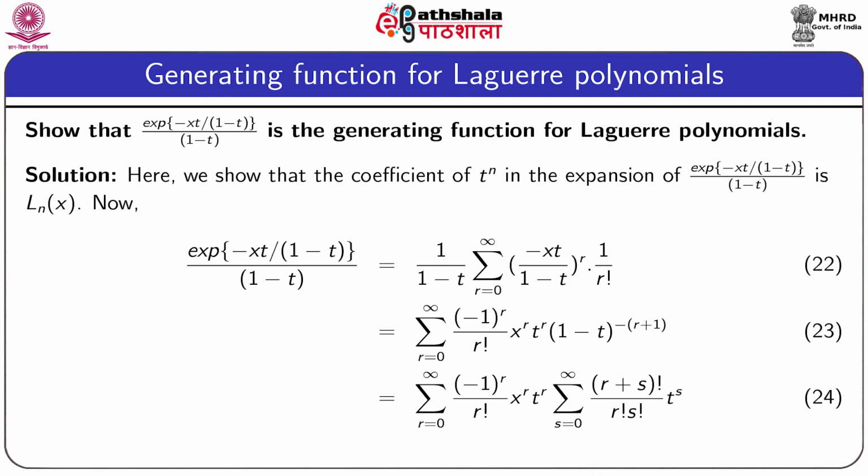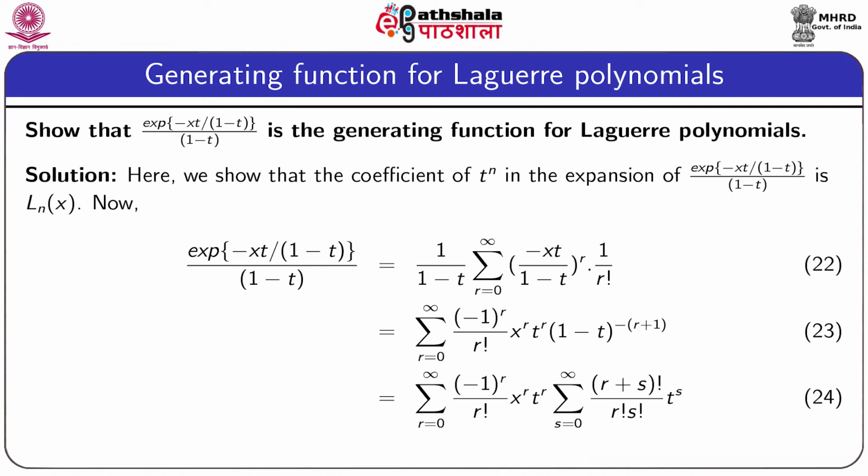And this we get by the expansion of e to the power x. So, please recall the expansion of e to the power x in the expansion of this particular term, where your x is replaced by minus xt divided by 1 minus t, and you will get equation 22.